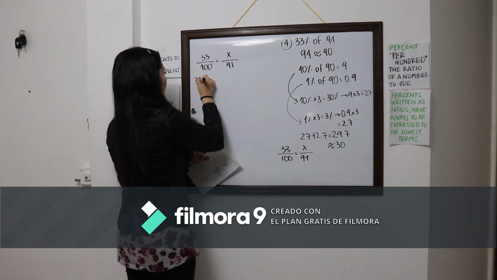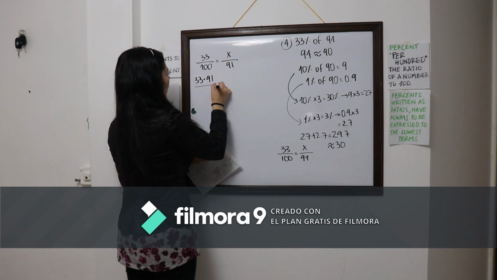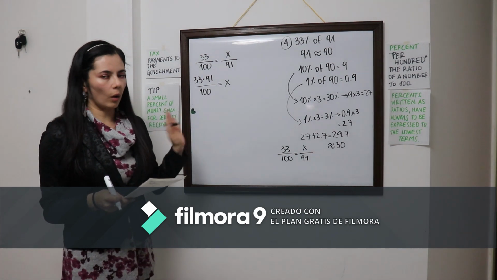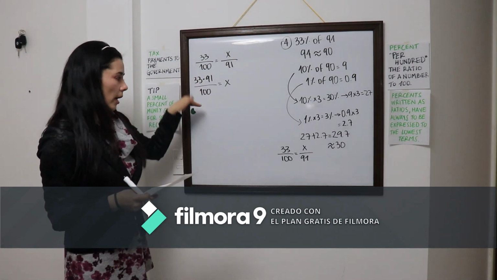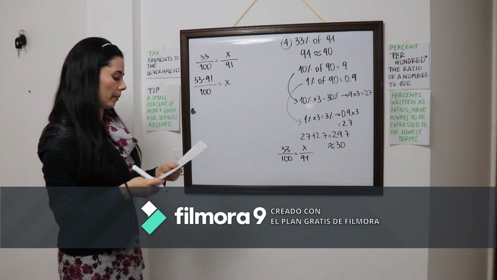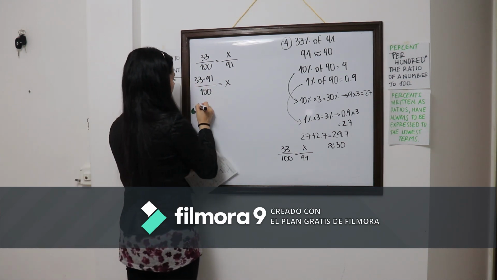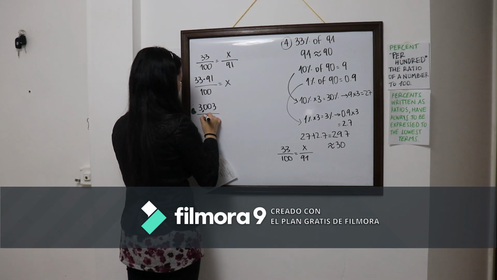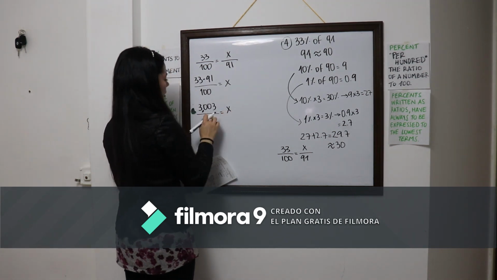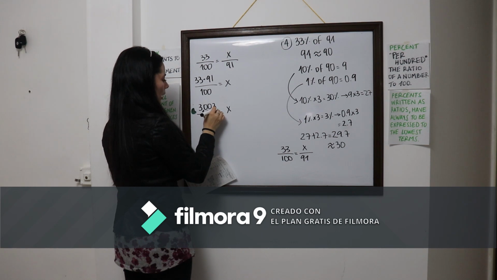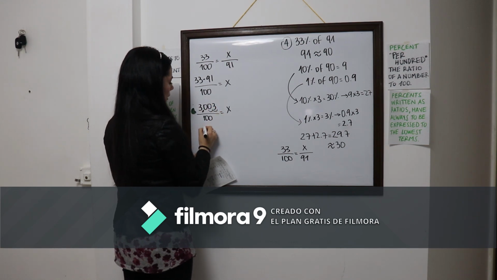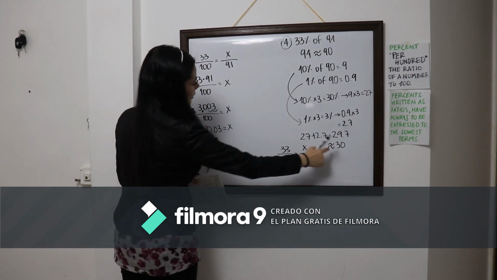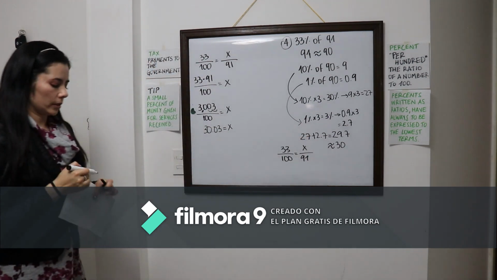So I'm going to have 33 times 91 over 100 is X. I'm skipping a lot of steps because I'm pretty sure you guys already know very well how to do the cross product, and you're able to do that too. This multiplication is going to be 3003. And that over 100 is just a matter of moving the point. Remember that the decimal point is right here, so I have to move it once and twice. So it's going to be 30.3 equals X. So see, almost the same as well, right?